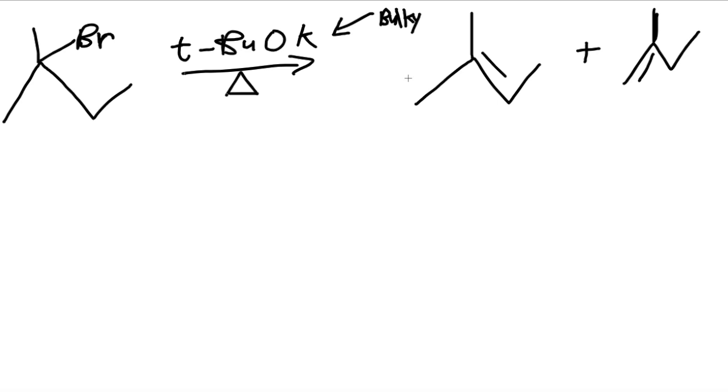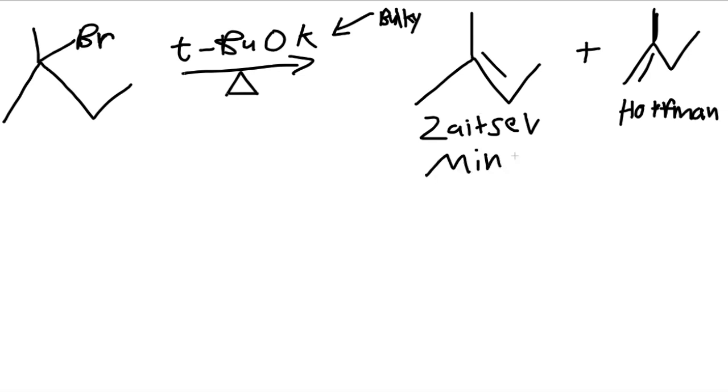The more substituted is still called Zaitsev, and the least substituted is still called Hoffman. That's the same. But now the difference is that the more substituted structure will be the minor, and the least substituted structure will be the major.